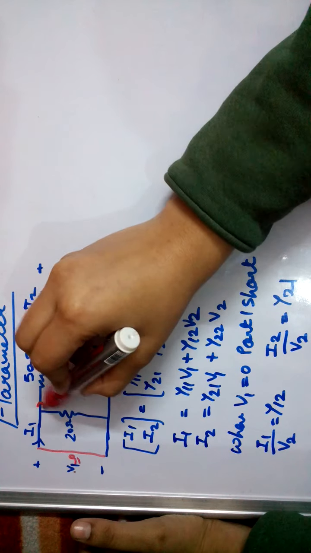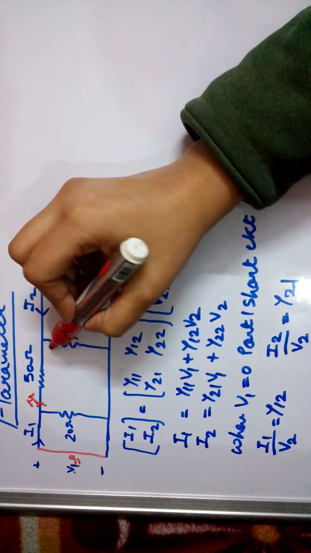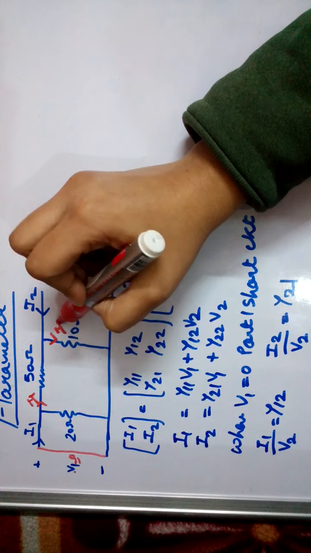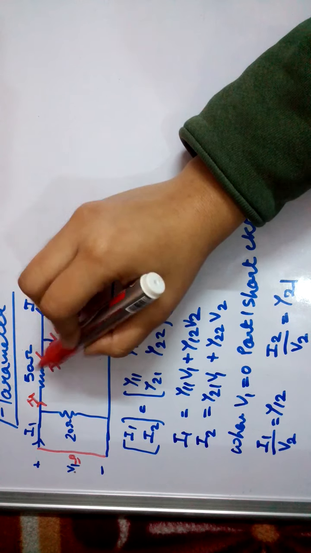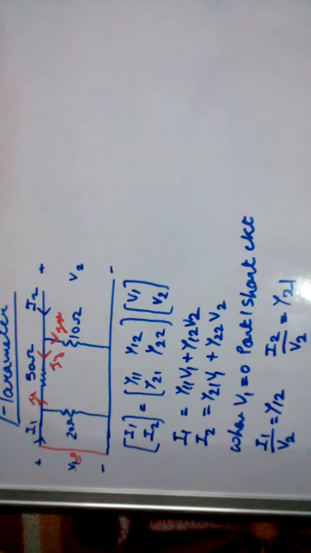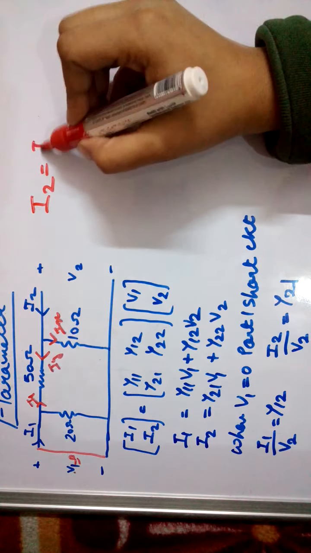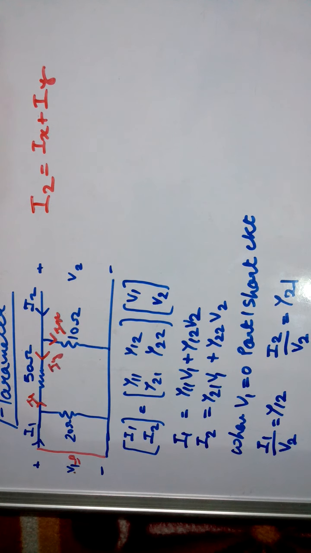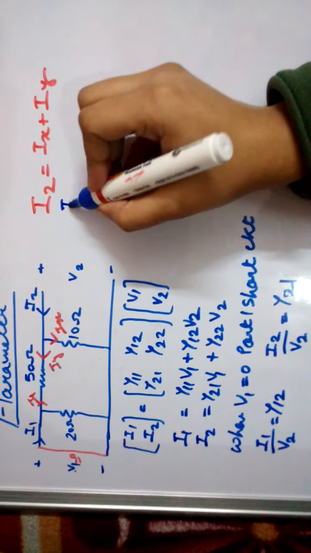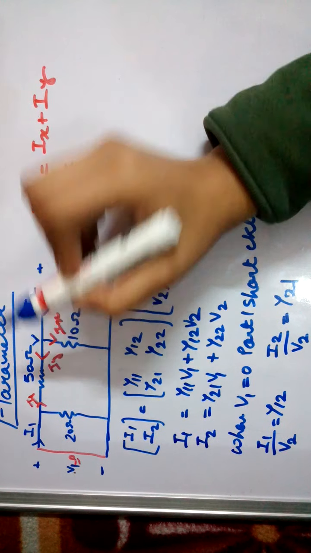Hence here I2 will divide into two. Let's say Ix is the current going in this branch and Iy is the current going in the 50 ohm resistor. Now I2 equals Ix plus Iy.